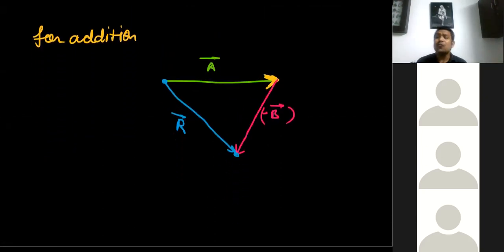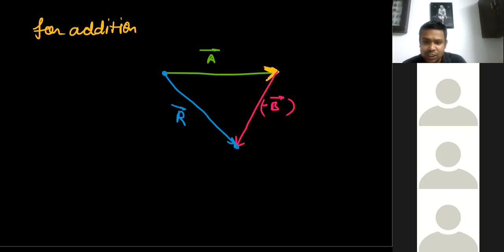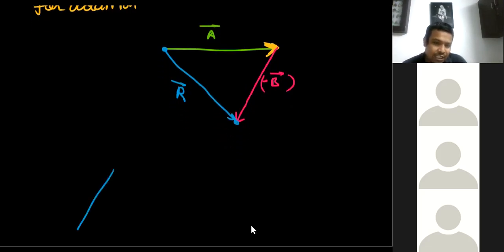Now, my dear friends, without changing the direction and magnitude, you can place vectors anywhere in a plane. So if vector A is along this direction, then for addition, this is minus vector B and this is vector A. Just put vector A in here.